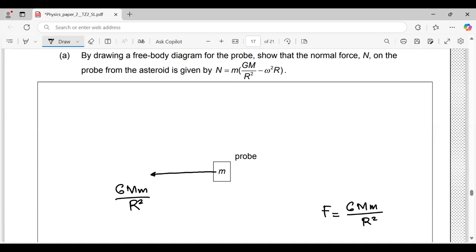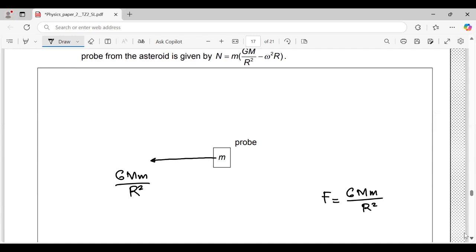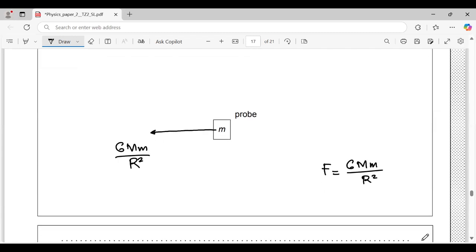Next, the centrifugal force, I'm going to scroll down. There is a centrifugal force also acting on the probe.